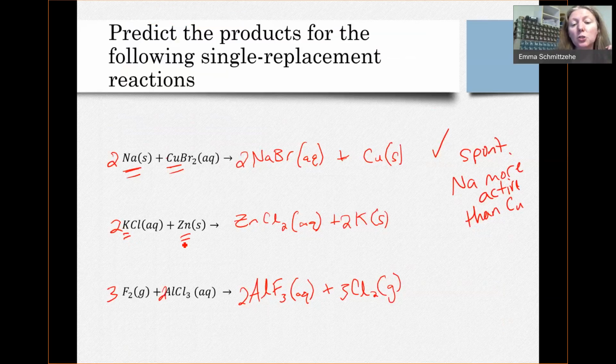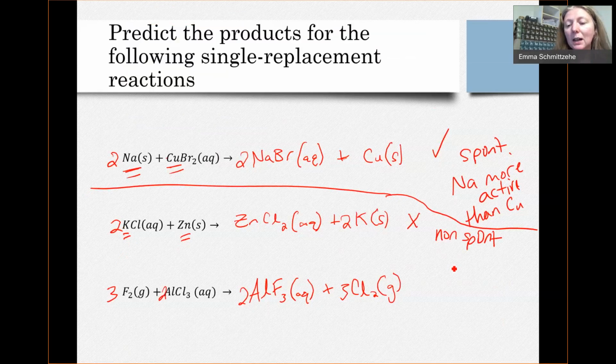And so this reaction is showing zinc replace potassium, and that's not spontaneous. So this one's non-spontaneous. Sorry, I'm going to abbreviate this stuff. It's this first reaction. And so this one is non-spontaneous because zinc is less active than potassium.